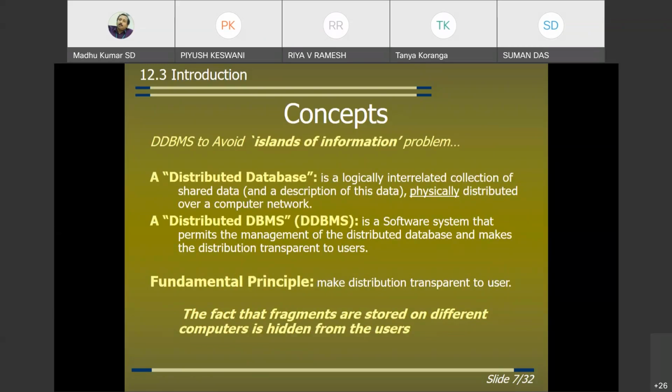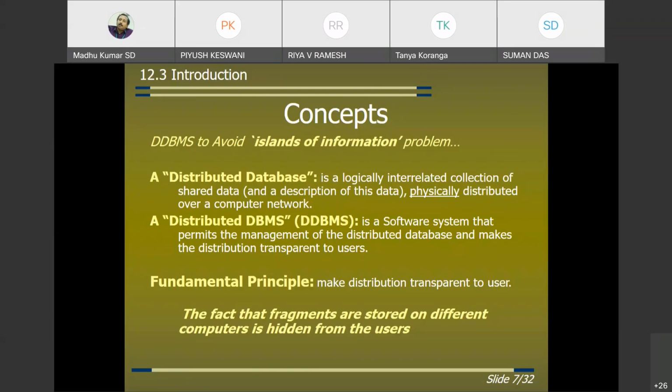DDBMS is to avoid the islands of information problem. So a distributed database is a logically interrelated collection of shared data, and a description of this data, physically distributed over a computer network.